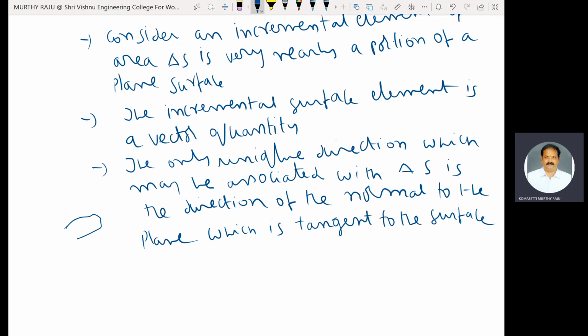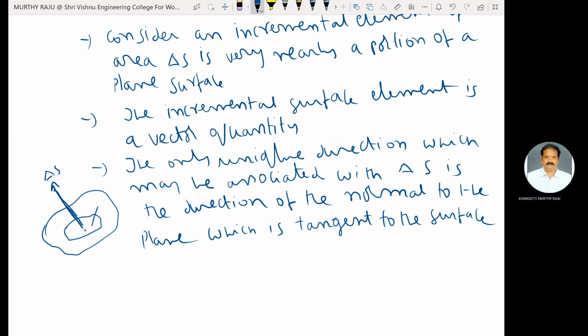This is the small incremental element. The surface element is a vector quantity, that means the direction associated with that dS is also the direction of the normal to the plane. This is also a plane on the closed surface, which is tangent to this surface.